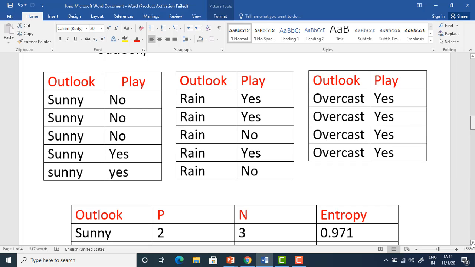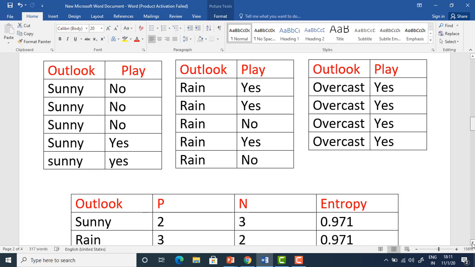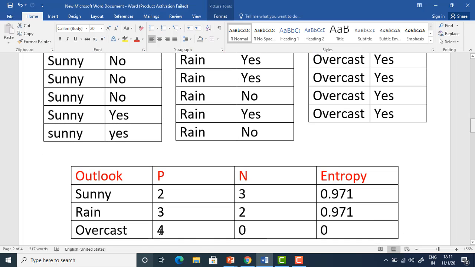After having this information, now I can find out the entropy of these different values. Here is the attribute name, outlook, positives, negatives, and the entropy I have calculated. In sunny, how many positives are there? 2 positives. How many negatives? 3 negatives.